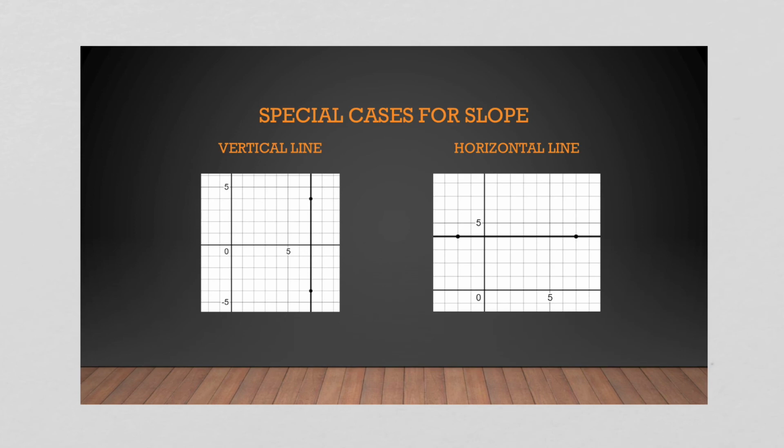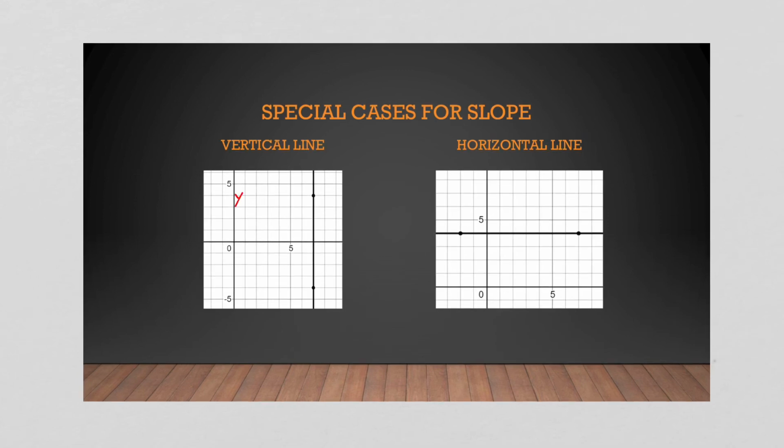So there's some special pieces of straight line lore when it comes to vertical and horizontal lines, because if we think about the equation y2 minus y1 over x2 minus x1 for my slope, look at a vertical line, okay? So this is point 7, 4, and this is point 7, -4.